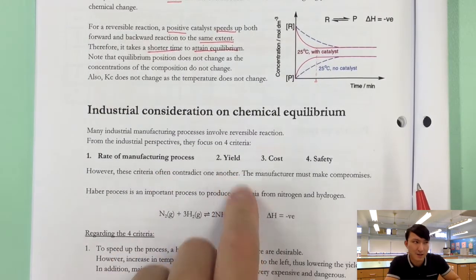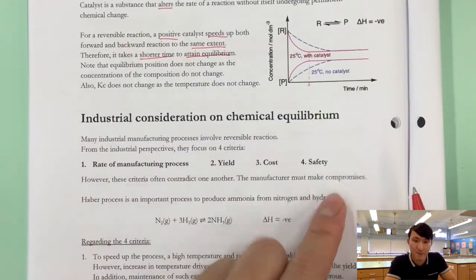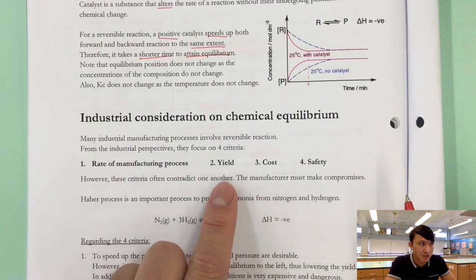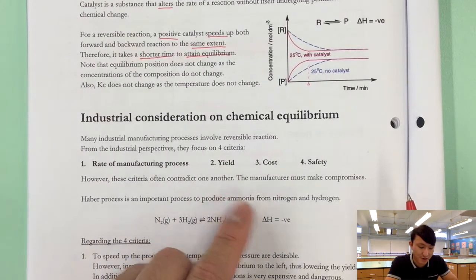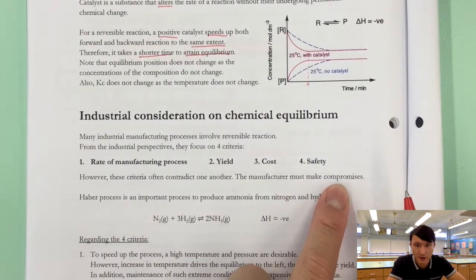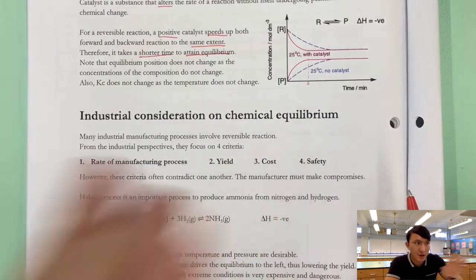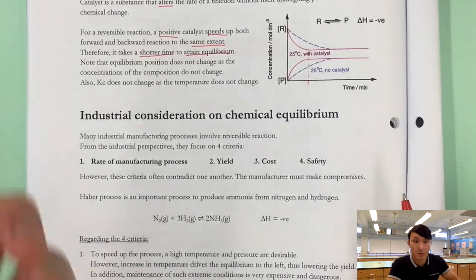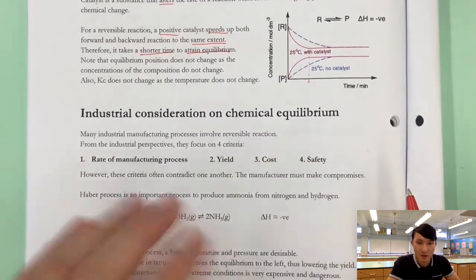Probably you're getting a lower percentage yield, and probably the environmental situation is more compromising. So you see they often contradict one another. That's why a manufacturer needs to make a compromise. They consider all the factors and choose the most optimum, the best combination of the four.